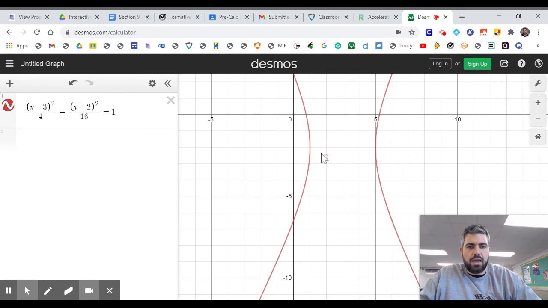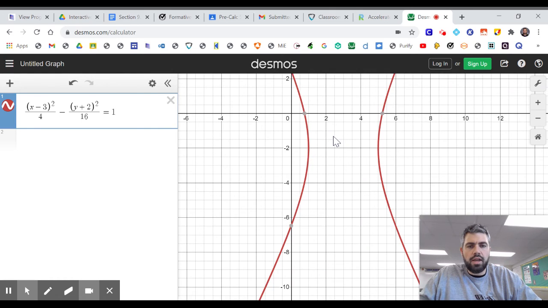Okay, so again, our endpoints. a is 2, so we would add 2 to our center, which is at (3, negative 2). So if we went 2 units over, hey, check it out, we go 2 units from here, 1, 2.